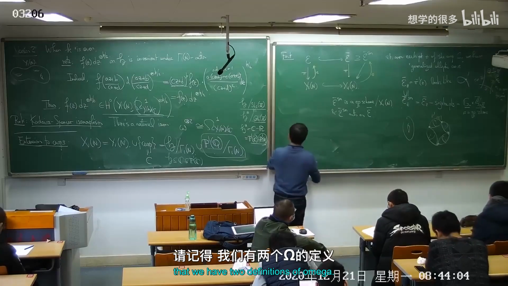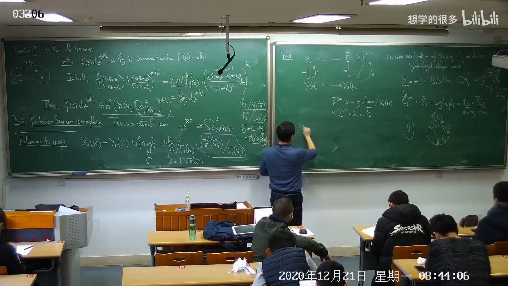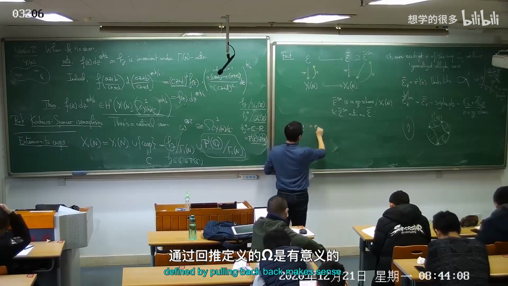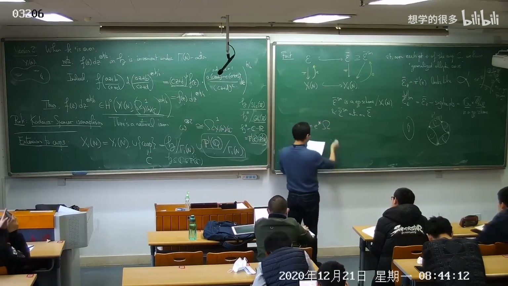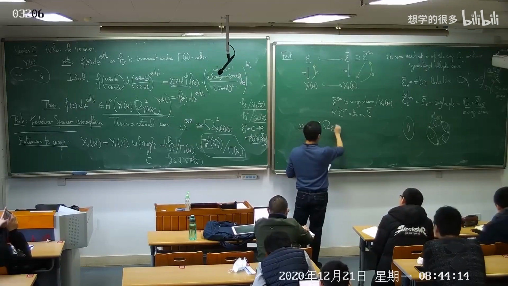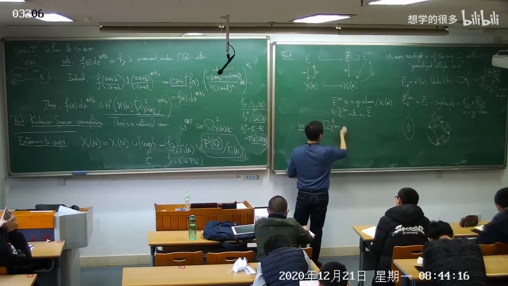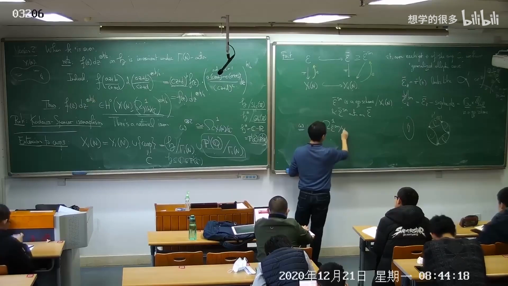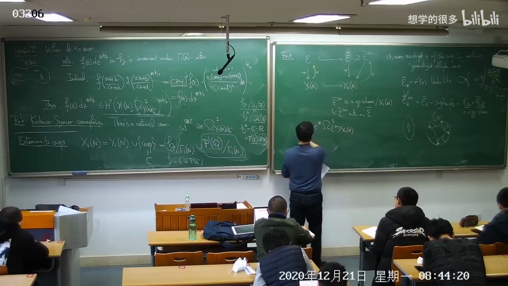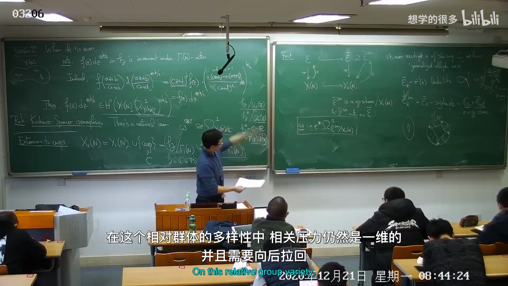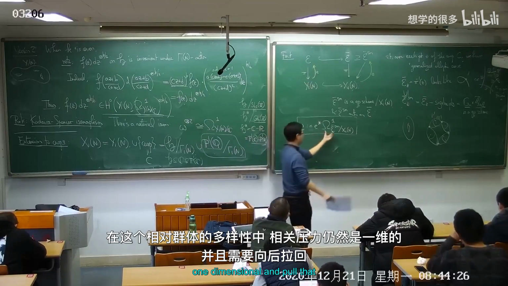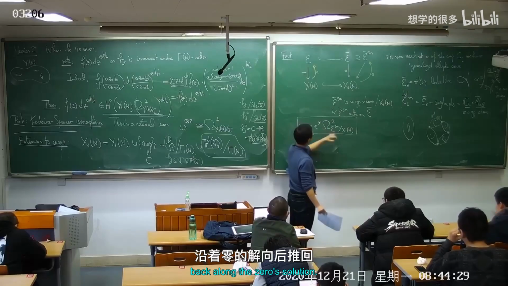And then, remember that we have 2 definitions of omega. The omega defined by pulling back makes sense. On this relative group variety, the relative differential is still one-dimensional. You pull that back along the 0 section.